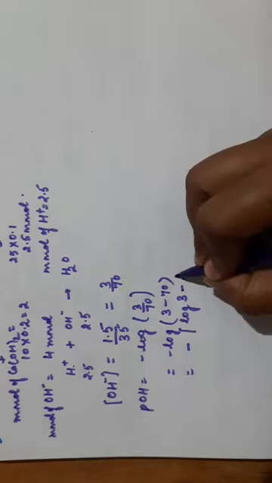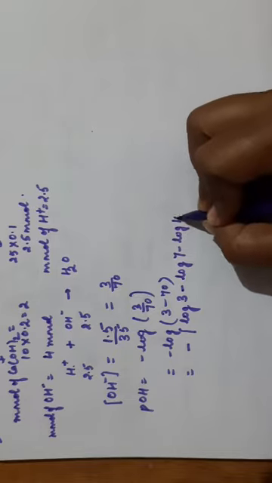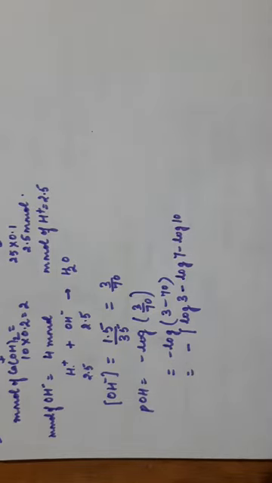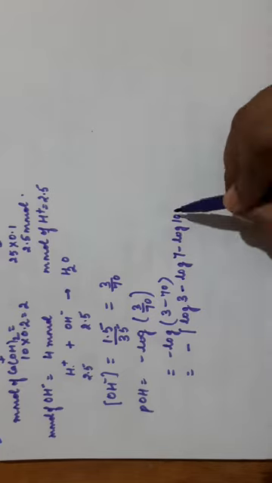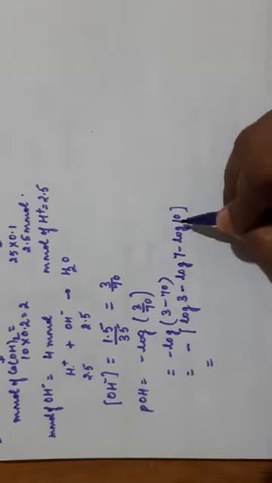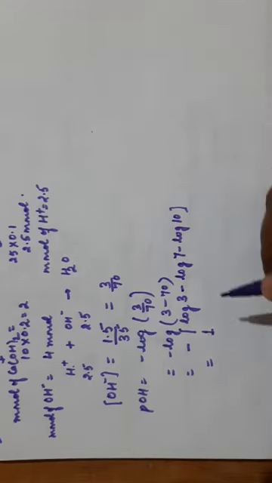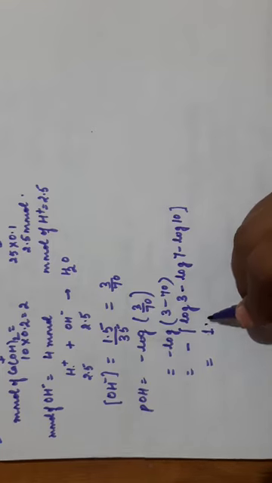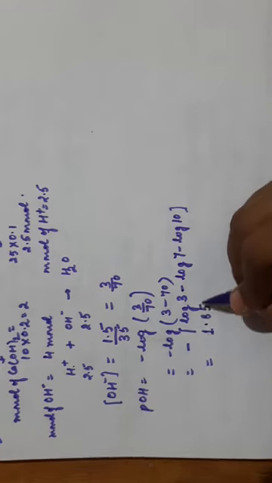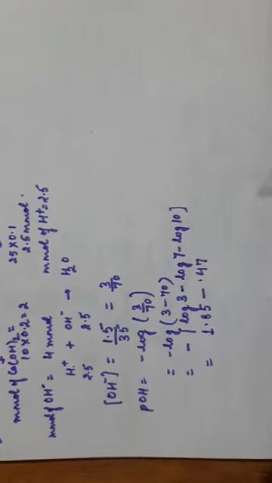So minus log 70 can be written as minus log 7 minus log 10. 70 can be written as 7 into 10. तो ये हो जाएगा log 7 minus log 10. Take this negative sign inside. ये दोनों कैसे हो जाएंगे? पॉजिटिव. Log 10 is 1. Log 7 is 0.85. And minus log 3, the value of log 3 is 0.47. I hope it is clear.